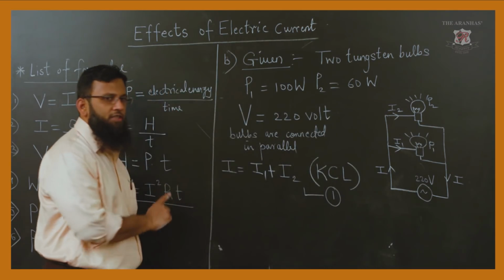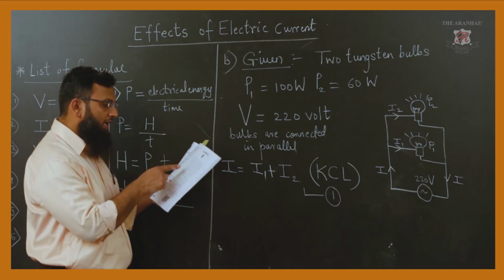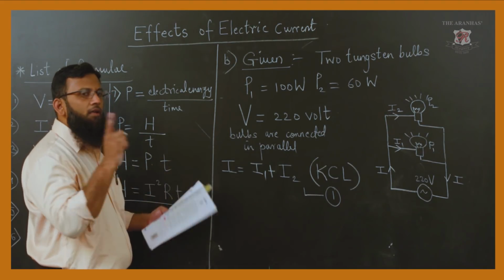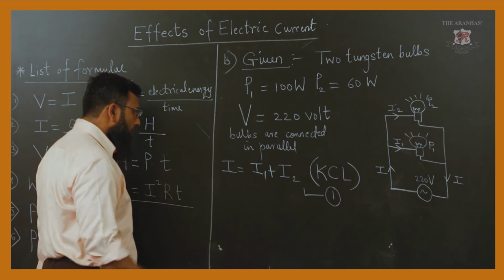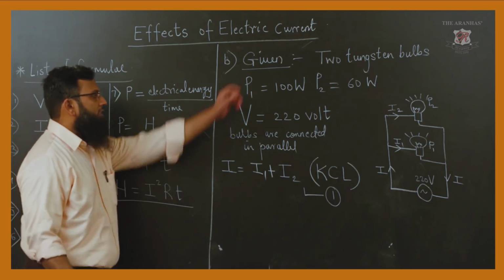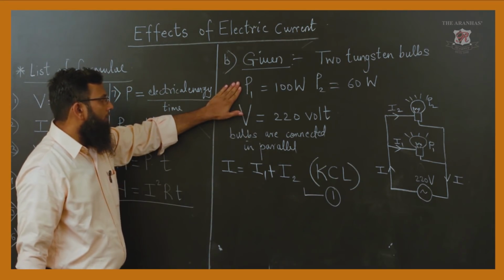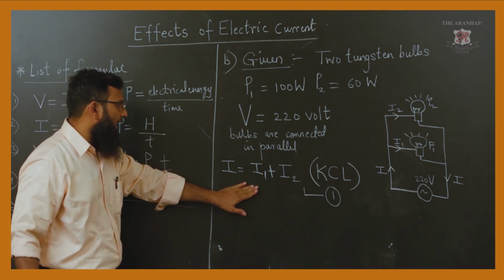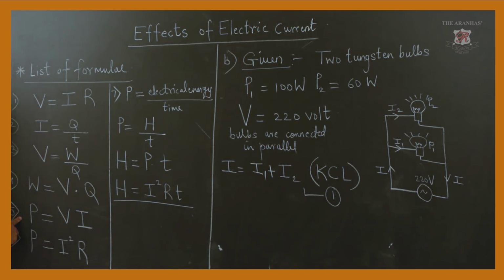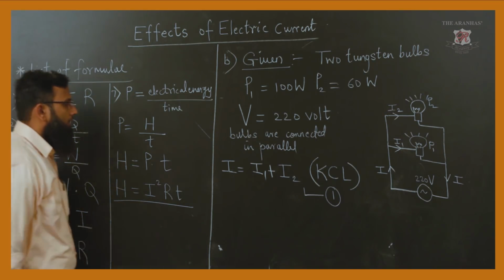This is our main equation to calculate what they have asked, how much current will flow in the main conductor. Let us see further. Which is the suitable formula which deals with power, potential difference and current? Let us search in the list, and the fifth formula is suitable for solving this numerical, where we have power, the potential difference and the current.